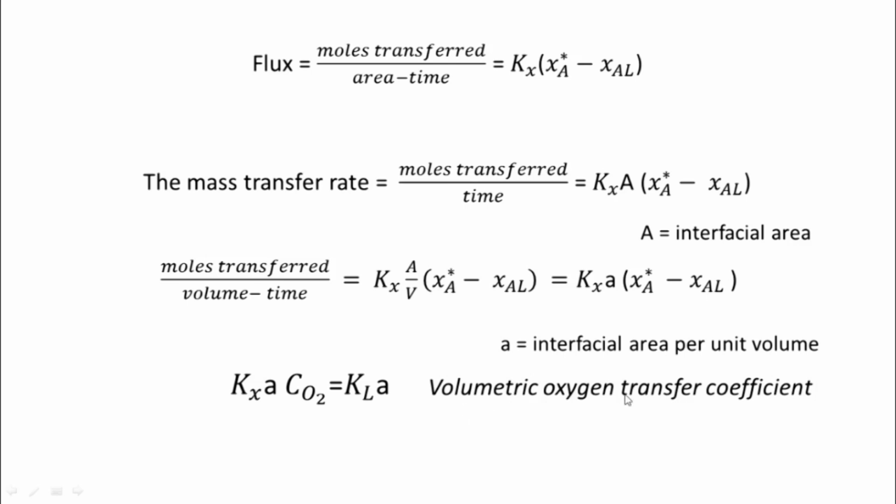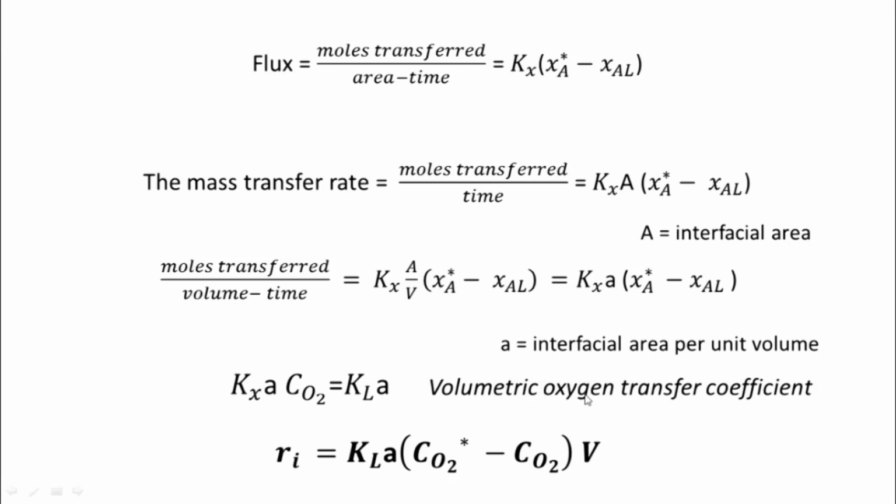So, it's called the volumetric oxygen transfer coefficient. This is KLa, which you might be familiar with. The rate of input, we did all this because we were writing a balance on oxygen. The oxygen is supplied from the air bubble into the liquid.